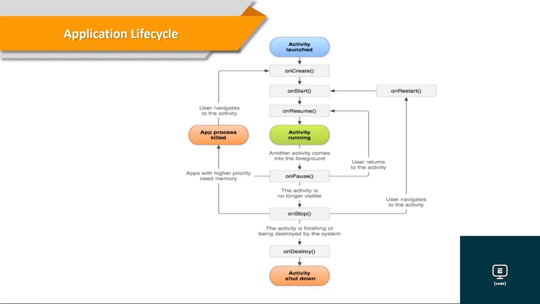Now, when you go out of an application, the onStop method works. And then after the onStop method, if you want to open the application again, the onRestart method works this time. Then after the onRestart method, onStart and onResume methods will work.